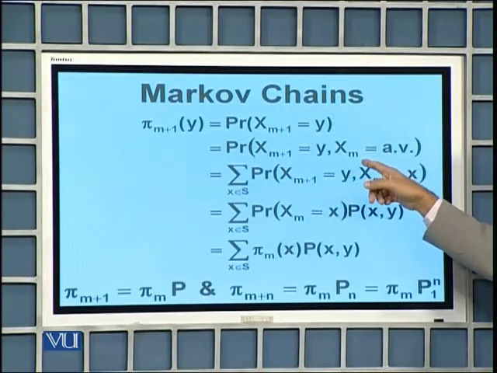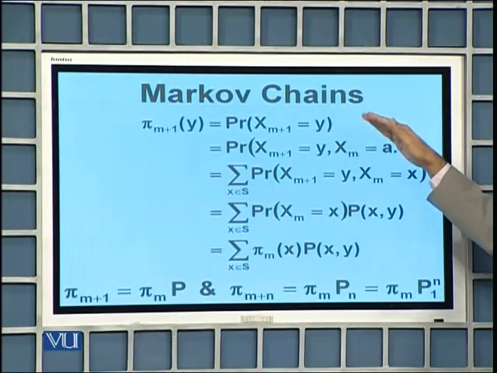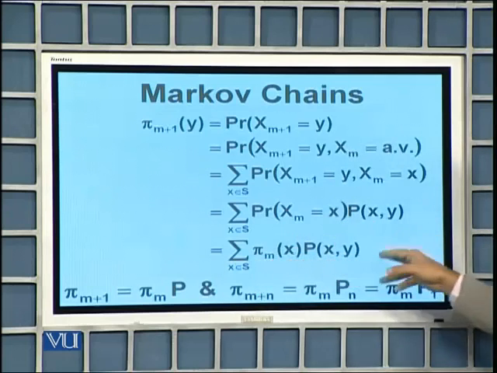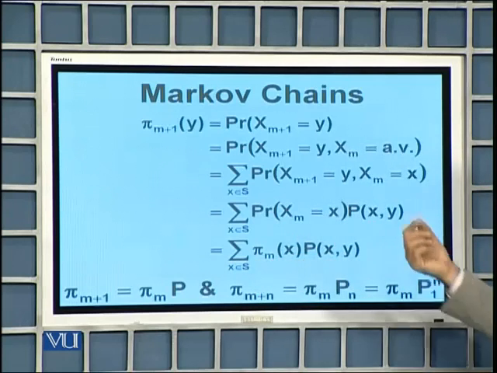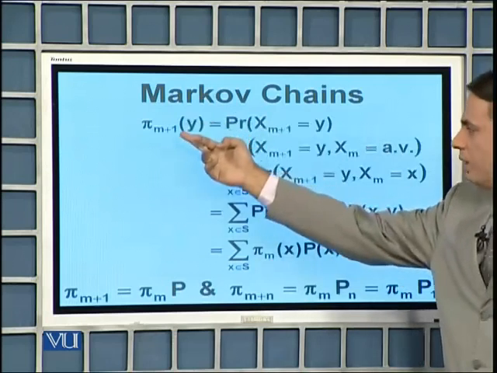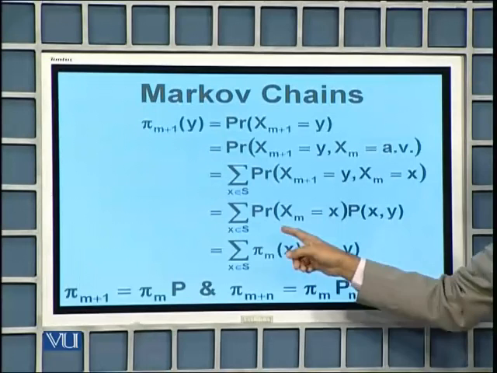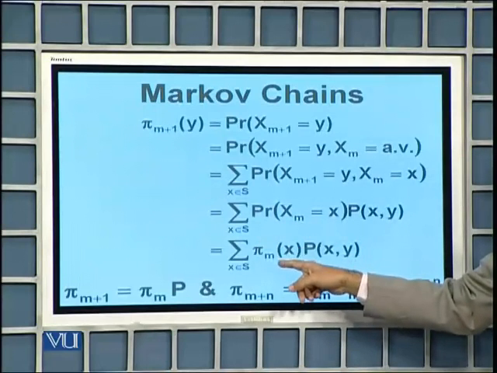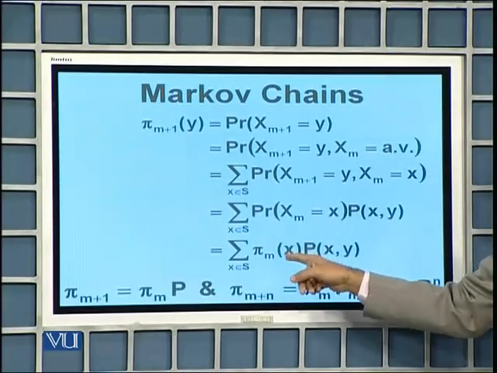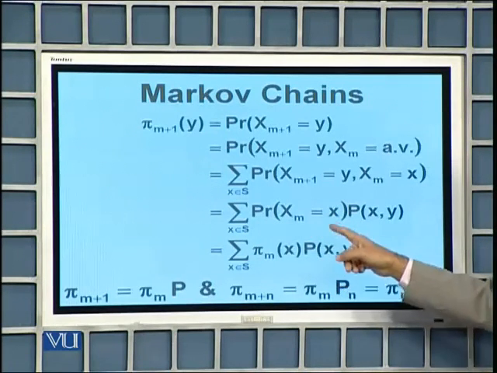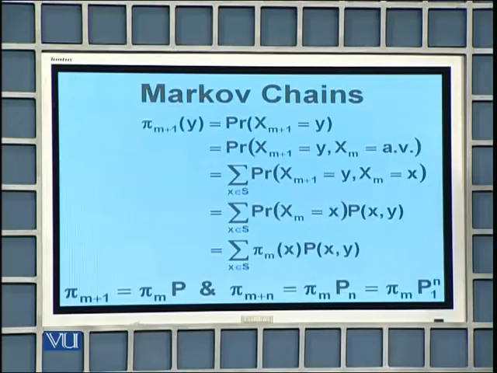intersection with the sample space, that is the previous value, and you continue this analysis and you end up with an expression which shows that the (m+1) probability distribution can be obtained by taking the X_m, the m-th sampling instance probability distribution, and then multiplying it with appropriate values of one step transition probabilities.